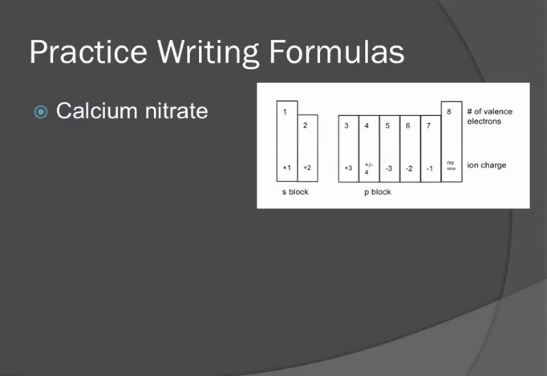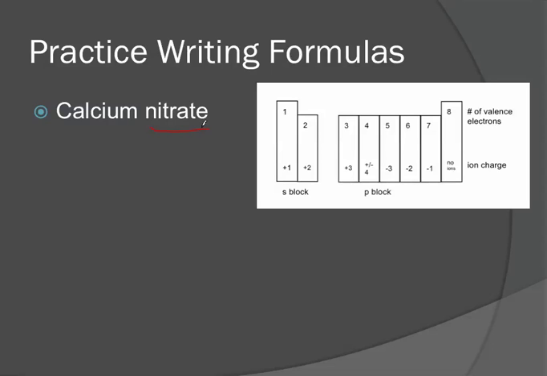So if this second word in your name does not end in IDE, then it is not on the periodic table. It is a polyatomic ion. Now there is one exception. Hydroxide does end in IDE and still is a polyatomic ion, but everything else, if it doesn't end in IDE, then it's a polyatomic ion. If it does, then you know it's an element.